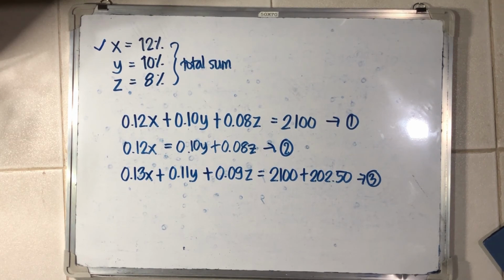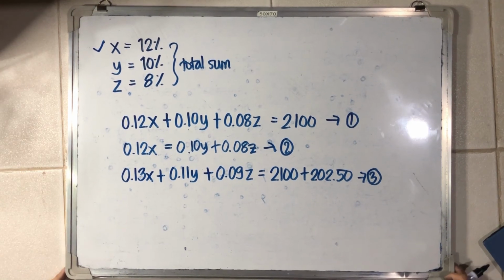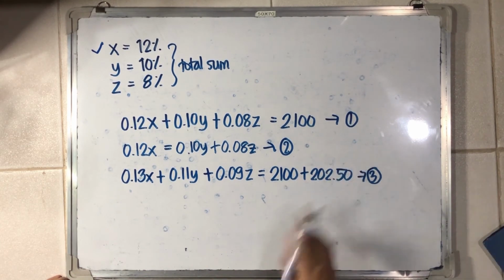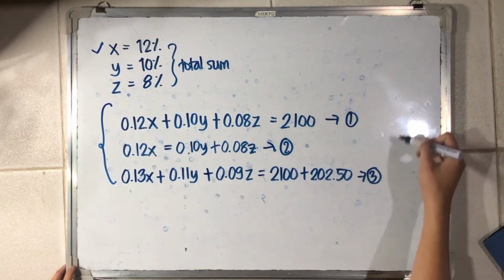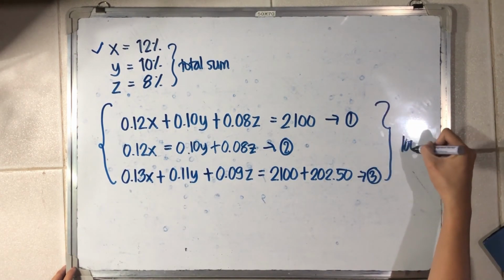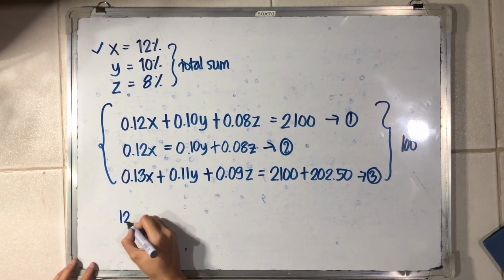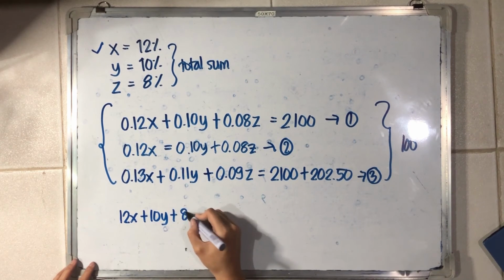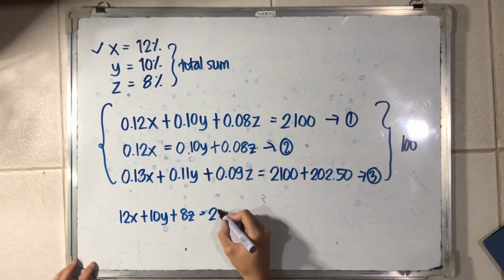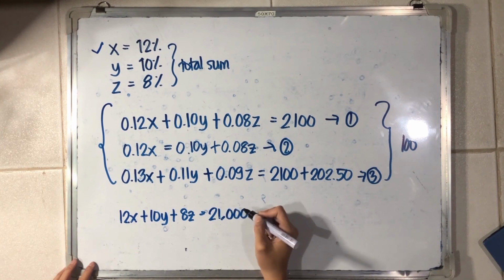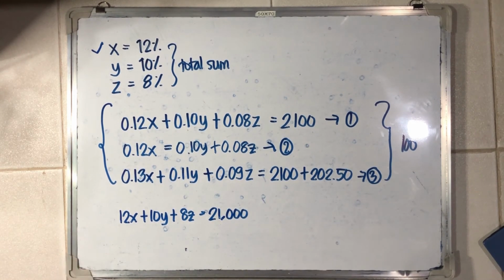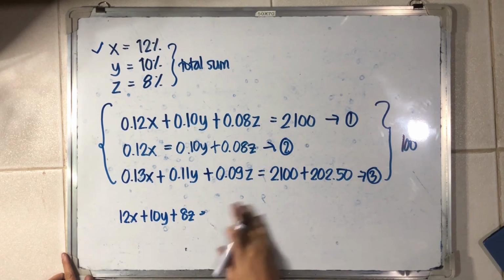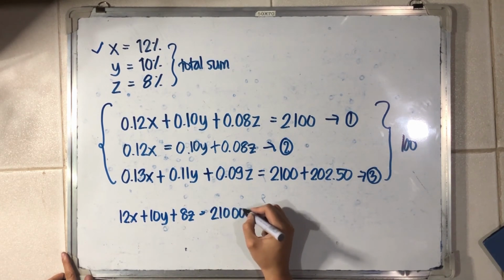Ayan. Can we remove the decimals muna? Na multiply natin as in lahat ng equations natin. Multiply natin siya by 100. So that would give us 12x plus 10y plus 8z is equal to 2,100 times 100, that's 210,000.